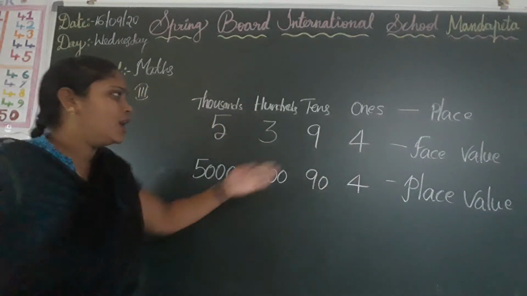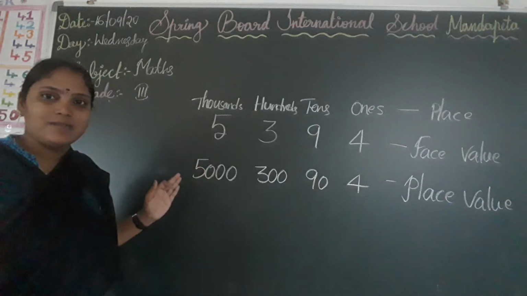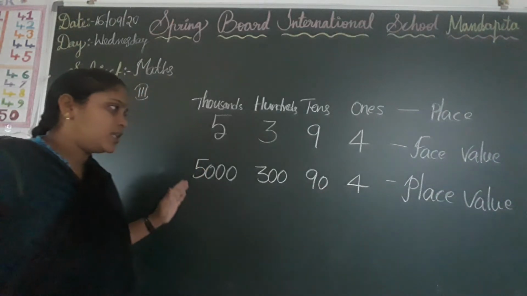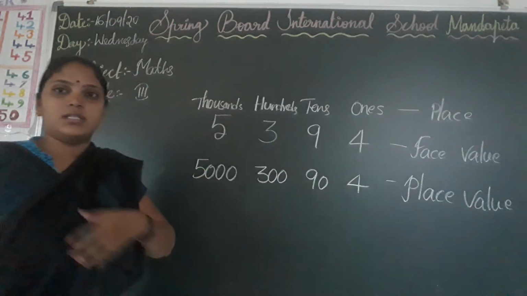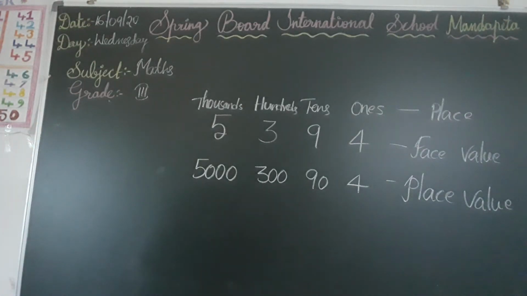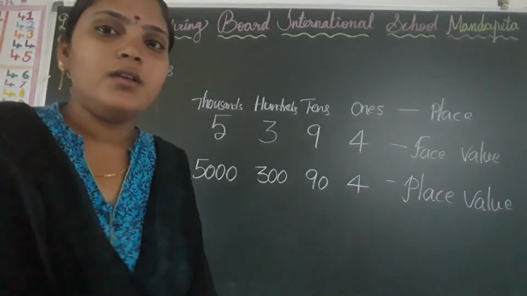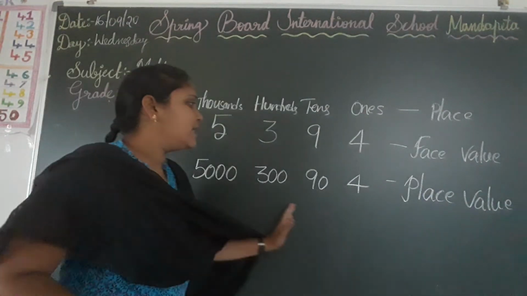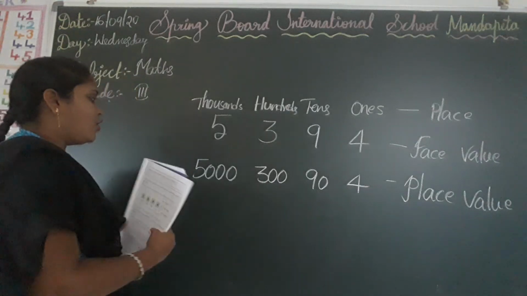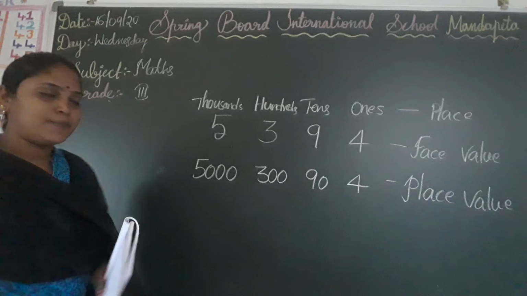Okay children, so here these all are the places, these are face values and these all are the place values. So here you have to write these place values as a sum to get the expanded form.